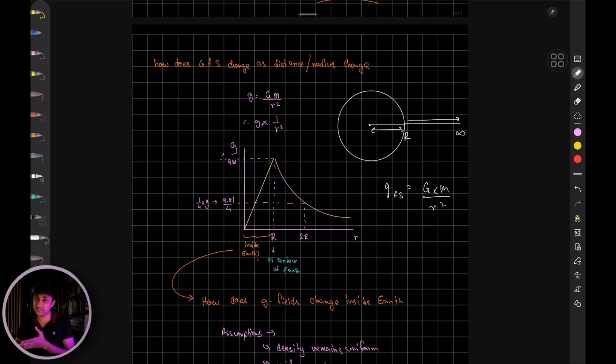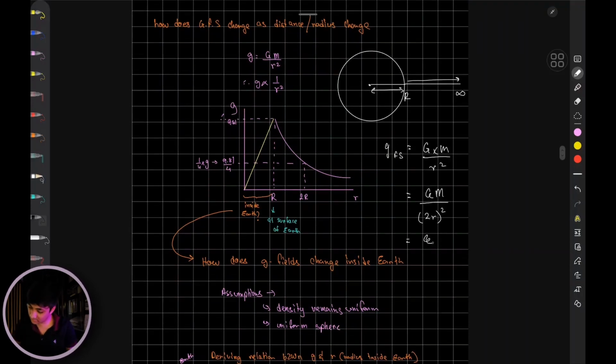As your distance increases, let's say from 1r to 2r, G and M, the mass, are going to stay the same, divided by 2r whole square. So what has happened is, as the separation increased twice, your ultimate value of gravity is going to be decreased by a factor of 4.